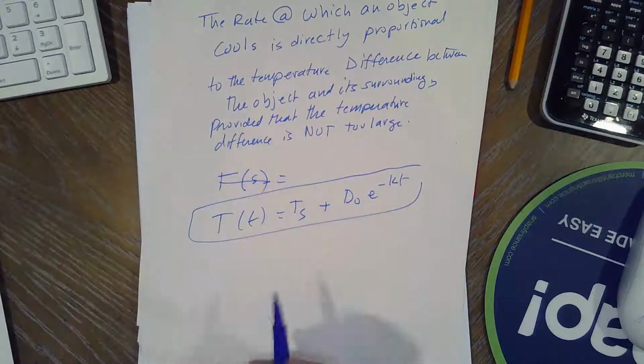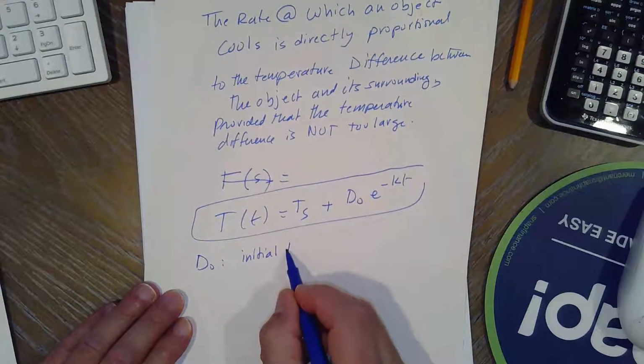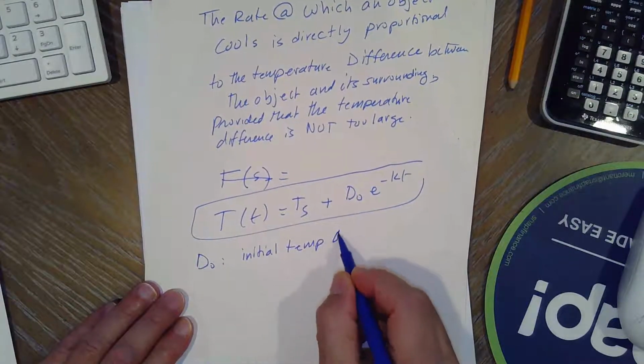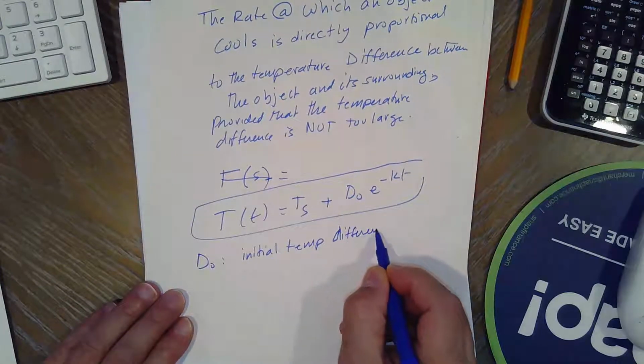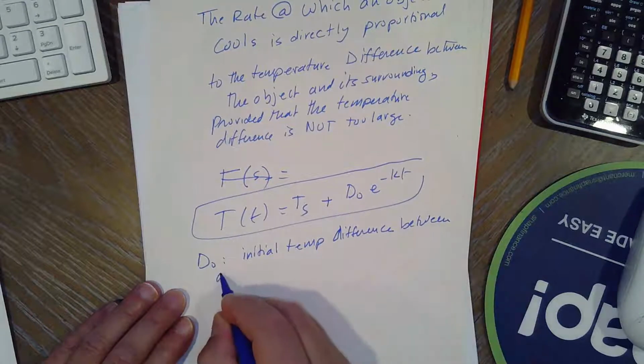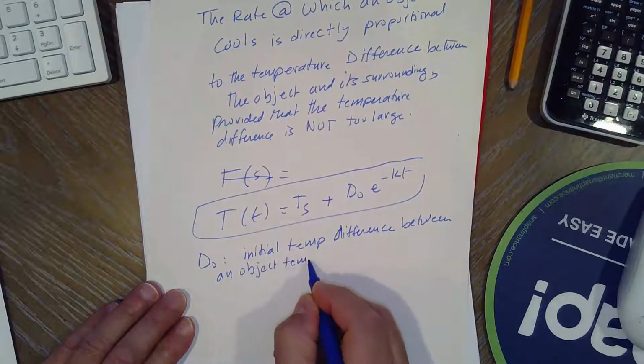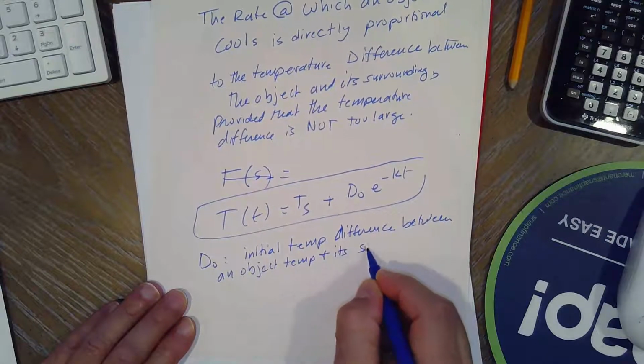D sub 0 is the initial temperature difference between the object's temperature and its surrounding.